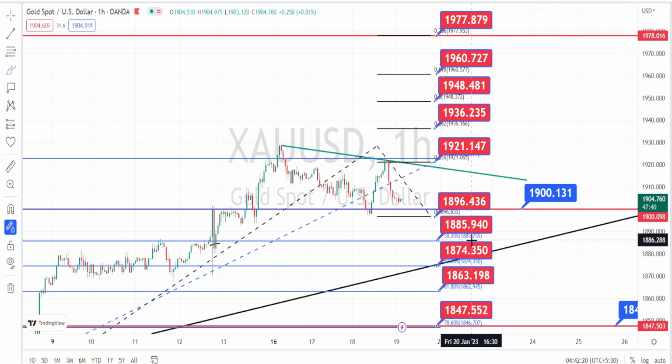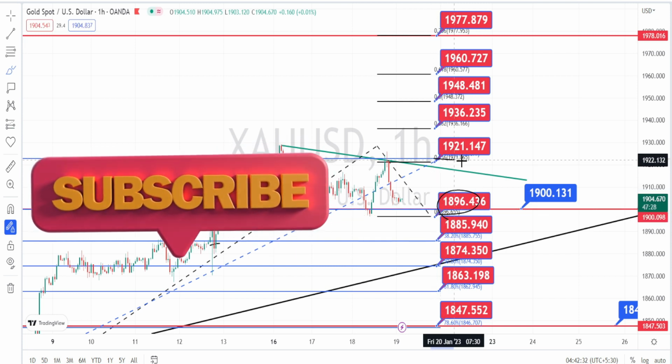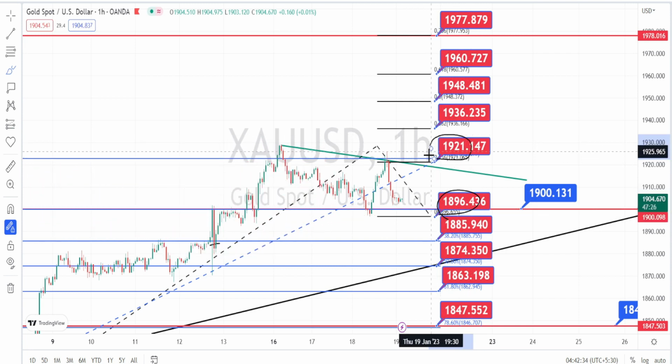So the values within these red color boxes are the resistance and support levels for the current price action in the hourly time frame. Currently the price action is trading between the support level of 1896 and the resistance level of 1921. Once the price action breaks this support level of 1896, the next levels of support are going to be around 1885, 1874, 1865 and 1847.